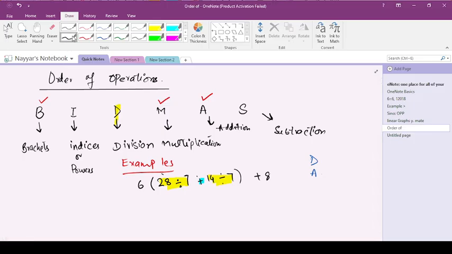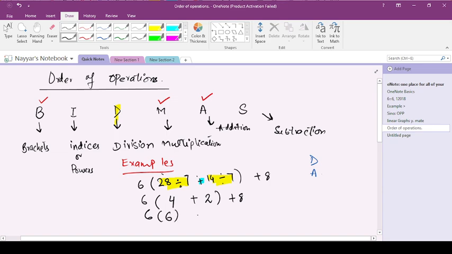Division is happening at two places, so we divide at both. 28 divided by 7 is 4, and 14 divided by 7 is 2. 4 plus 2 is 6, so 6 times 6 is 36. Now two things are happening here, multiplication and addition, so first we multiply and then add 8. 44. So this is our answer. I hope this concept is clear to you.